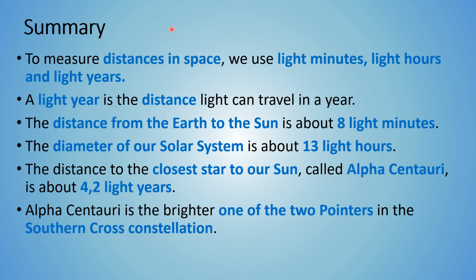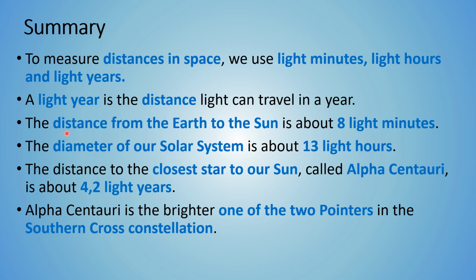So let's just summarize what we have learned today. The first thing we learned is that we measure distances in space by using light minutes, light hours, and light years. A light year is a distance, and it is the distance that light can travel in a year. You have to know three distances.